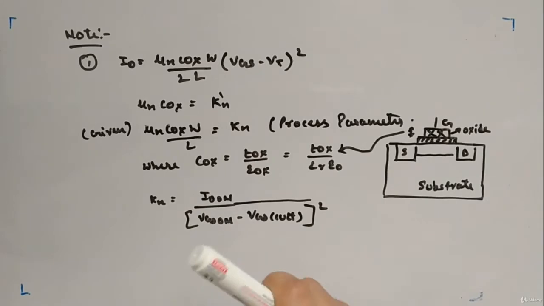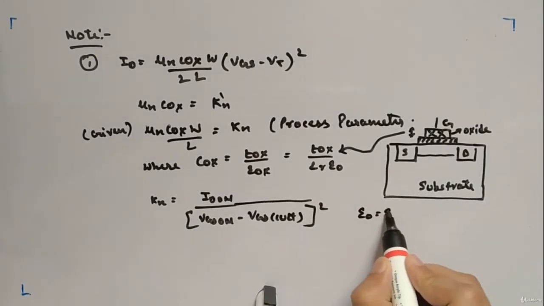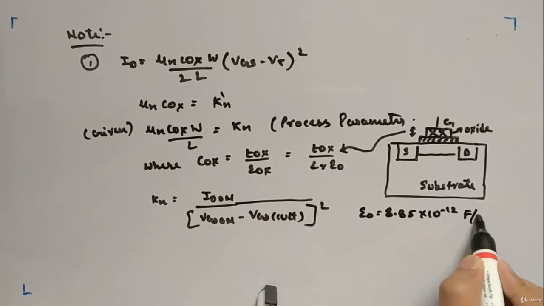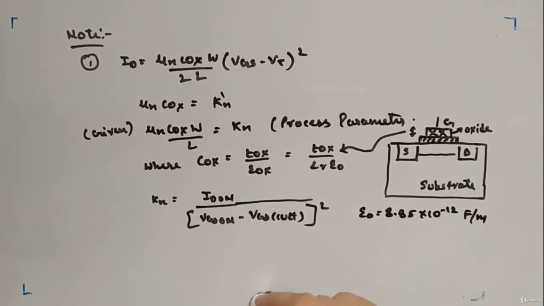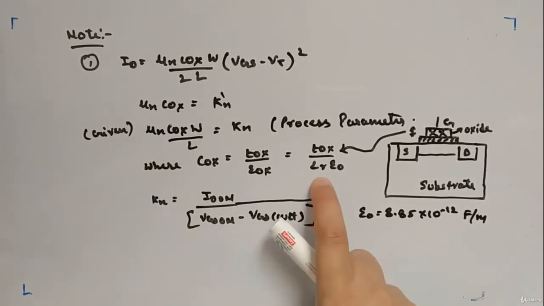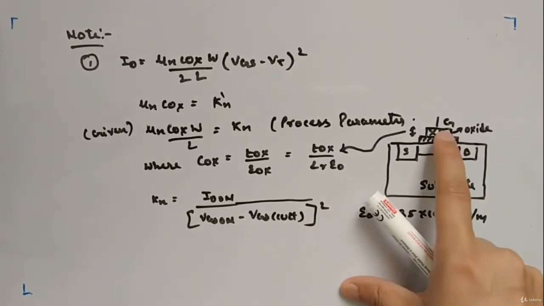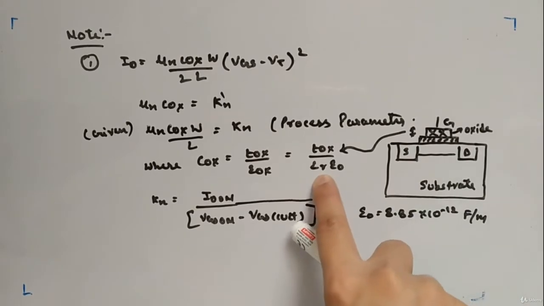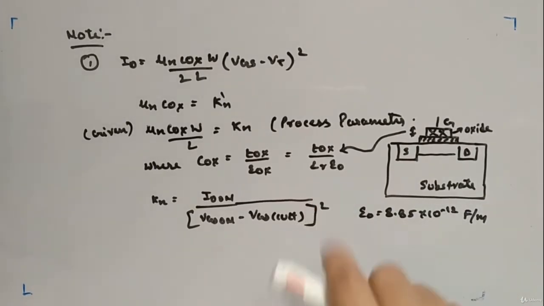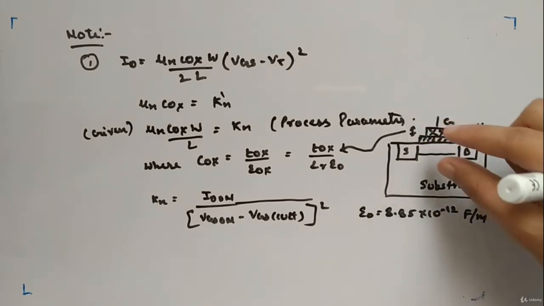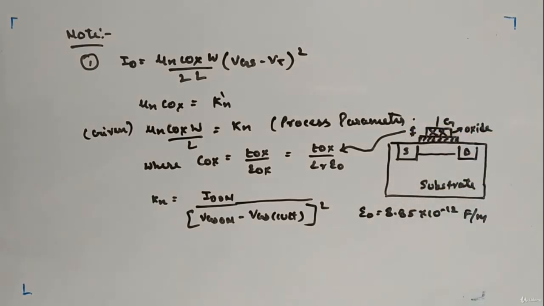Epsilon naught is a constant, whose value is 8.85 times 10 power minus 12 farad per meter. This is just a constant, and epsilon R will be given to you, which depends on the material used to make the oxide. That dielectric constant will be given to you. Then tox is the thickness of the oxide layer.